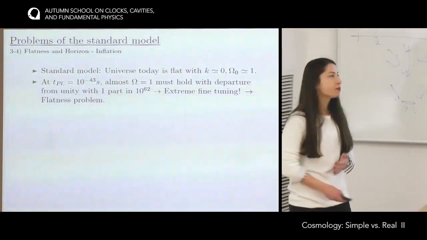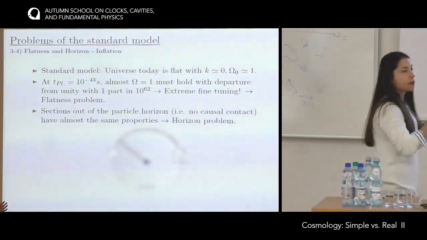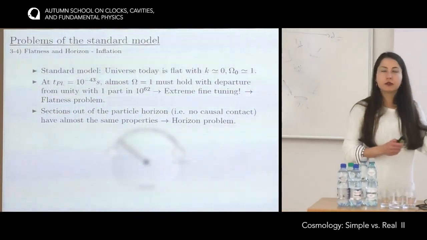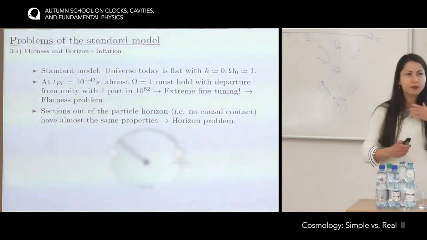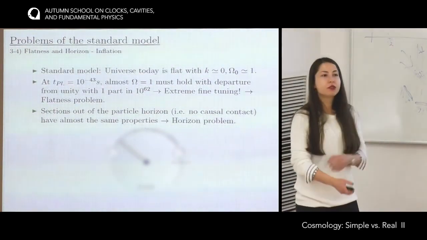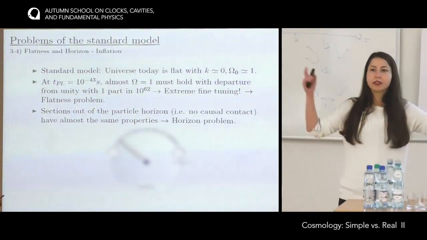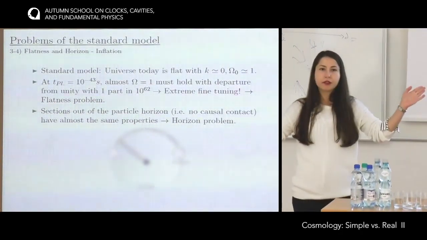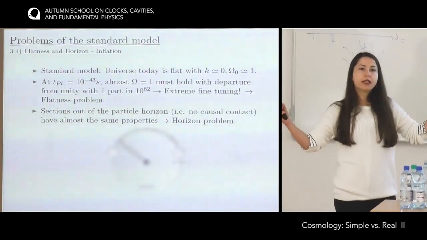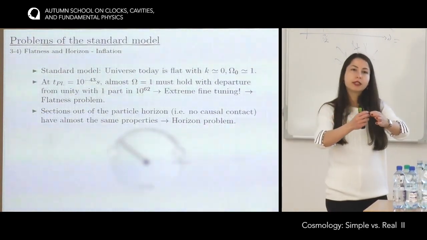People didn't know how to explain it. And then when you look at the cosmic microwave background radiation, you can look in any direction and you expect an isotropic distribution of temperature, right? But when you look in one direction and then another, very far away from each other, and calculate, you realize that those regions were never causally connected.